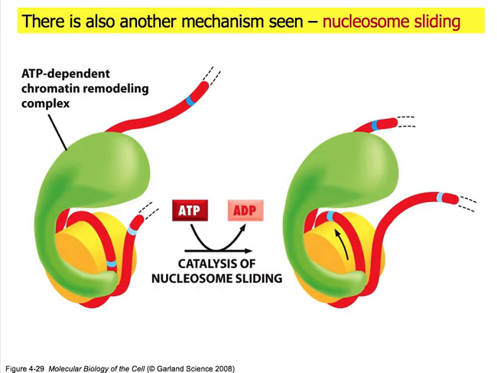An alternative method to nucleosome unwinding is nucleosome sliding. Here the DNA around the nucleosome is simply pushed forward or backwards by a special protein known as an ATP-dependent chromatin remodeling complex.